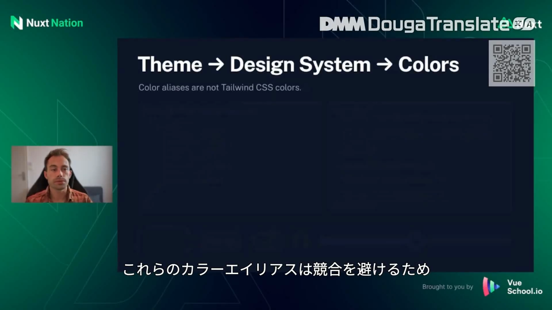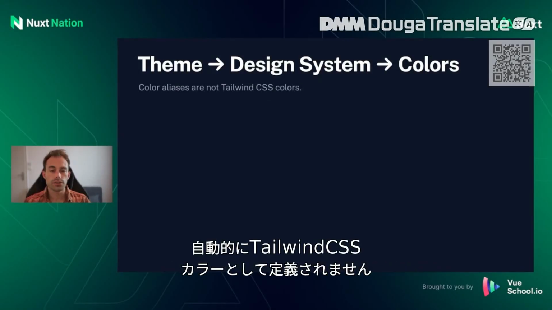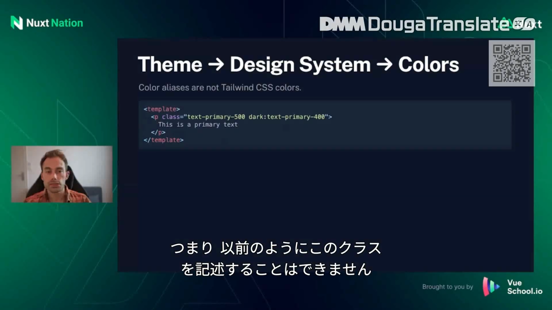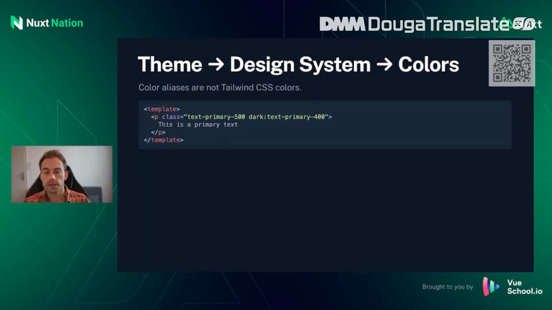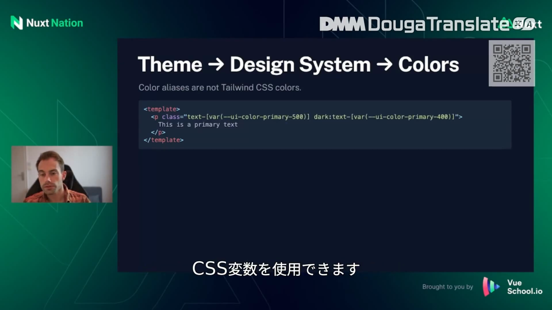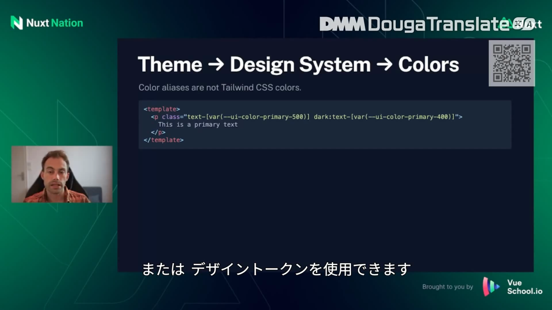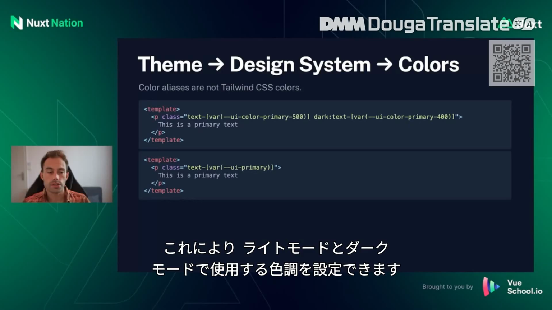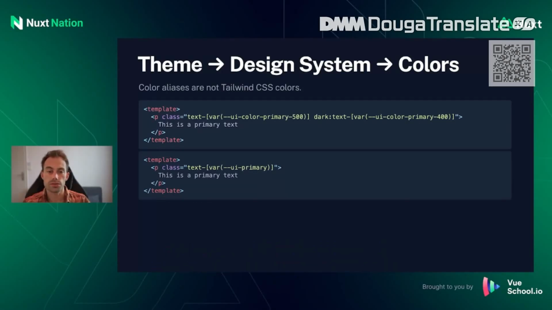Unlike NuxtUI v2, these color aliases are not automatically defined as Tailwind CSS colors to avoid conflicts. This means you won't be able to write this class like you used to. You can now use the generated CSS variable by NuxtUI, or you can use the design token that allows you to configure which shade to use in light and dark mode.